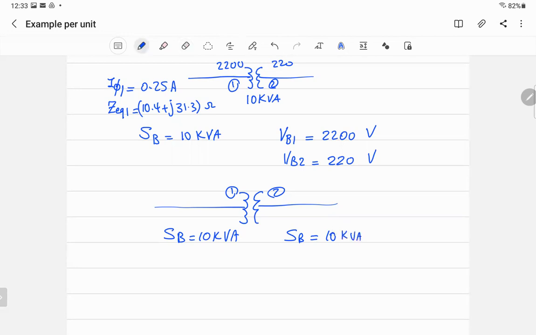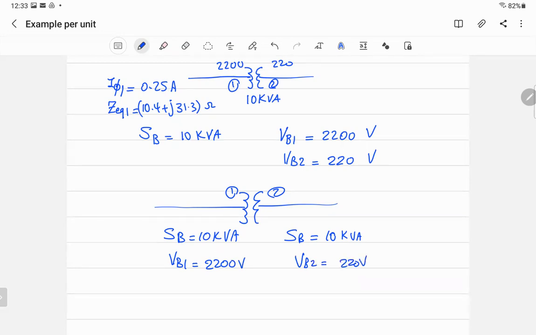Then the voltage, I already got it. VB1 is equal to 2200 volts on this side, and on this side it will be equal to 220 volts.